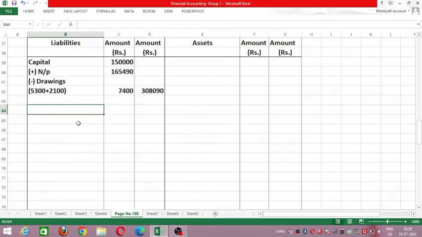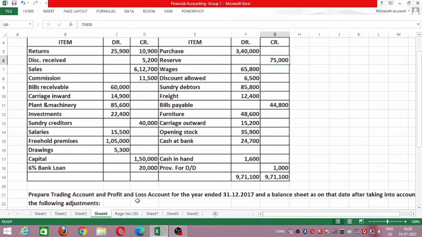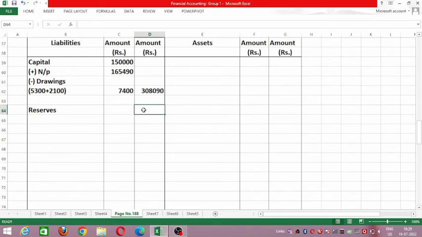Next we have reserves. Let's check whether they have given reserves. Reserve 75,000. Next we need to enter all the current liabilities.